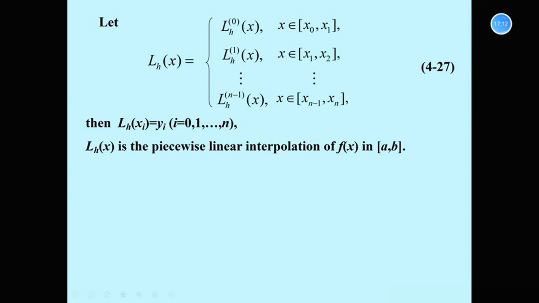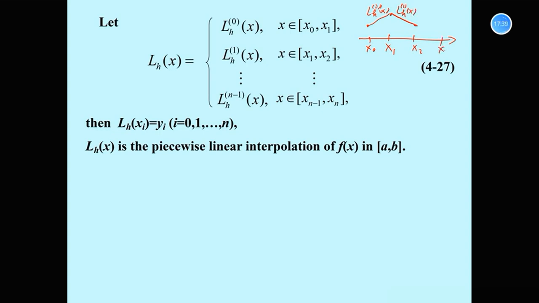Start from x0 to x1, we have 2 points, right? Then this straight line is denoted by LH0(x). The next, x2, we have y2 here. Then we connect the 2 points by a straight linear function, denoted by LH1(x).